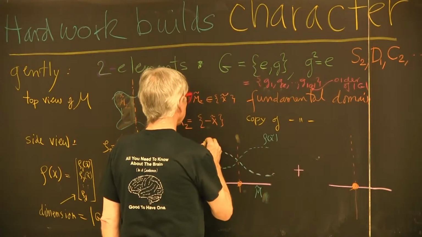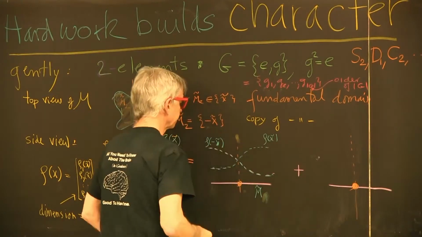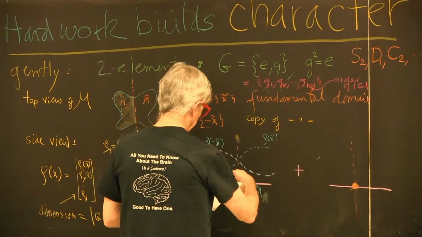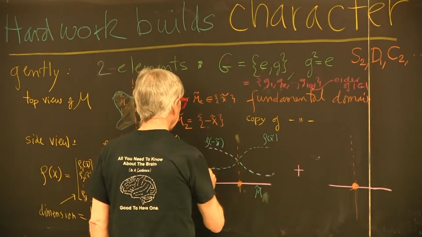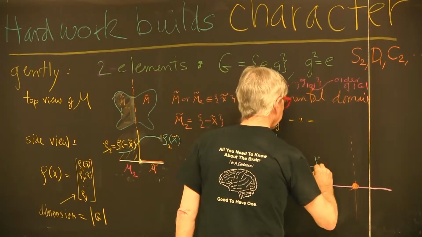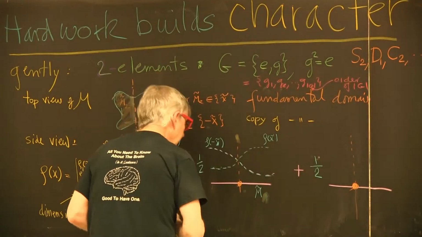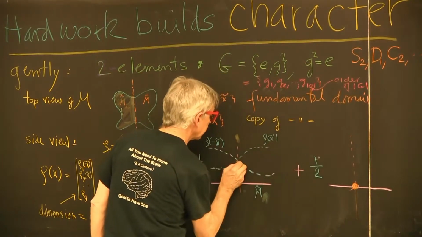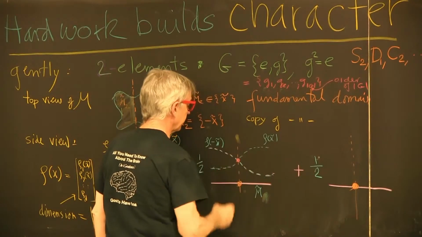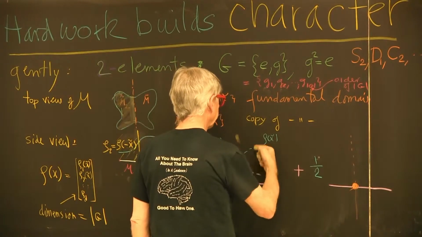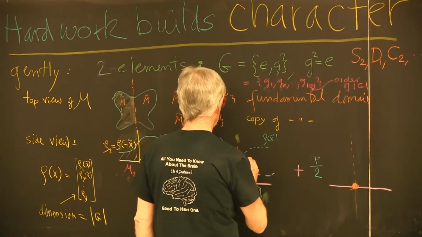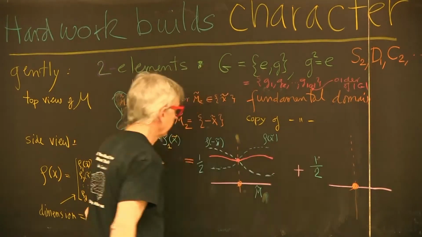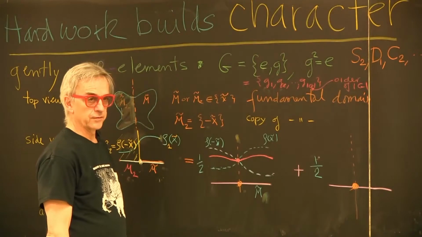And here is the function rho. And if we add these two functions and multiply by 1/2, so if I put 1/2 here, 1/2 here, I'll get something that at the symmetry point has the same value, but in between it'll be the sum of these two functions. So it'll look something like that. So this is a symmetric average over two functions.